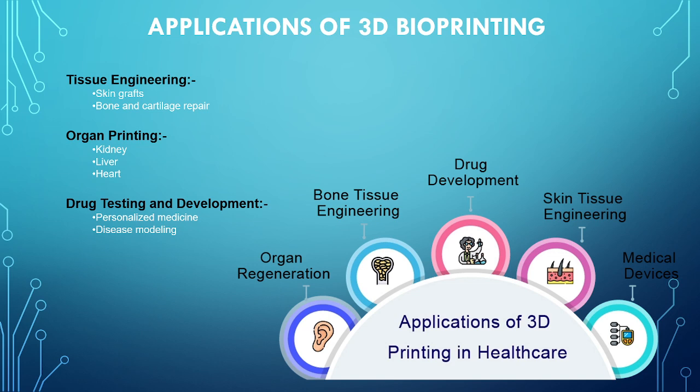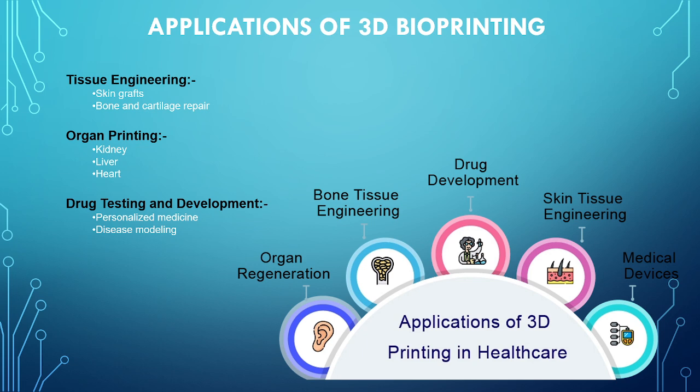Organ printing of kidney, liver and heart is an ongoing practice, right? We haven't heard that a kidney, liver or heart has been fully printed, but certain parts or valves of those organs have been printed. The scientists are very keen to create the entire organ with this 3D printing technology, right?